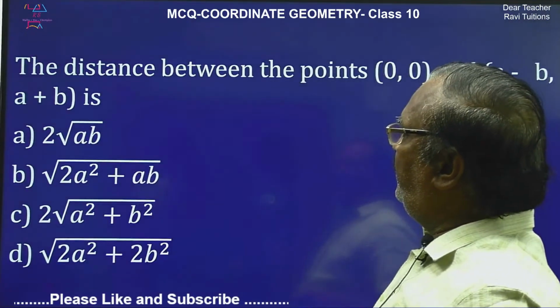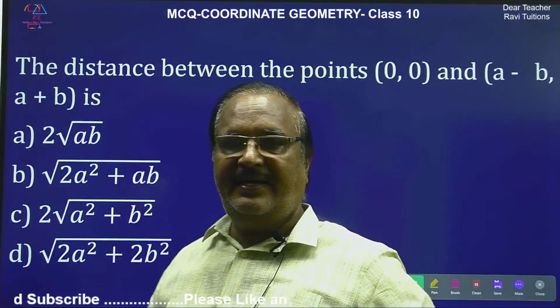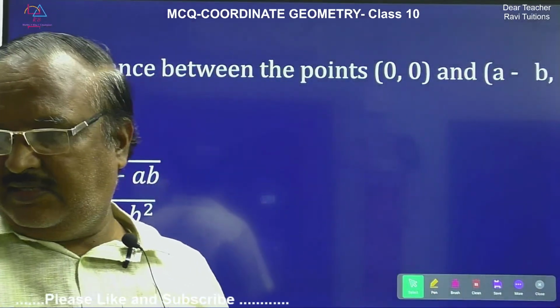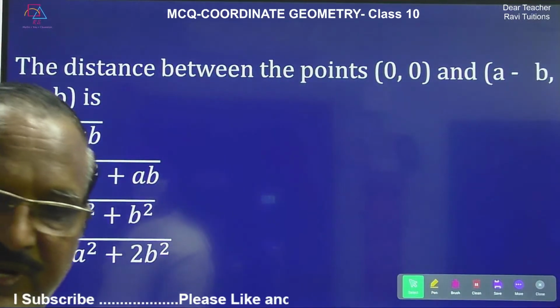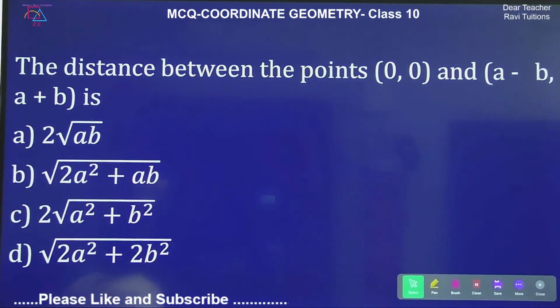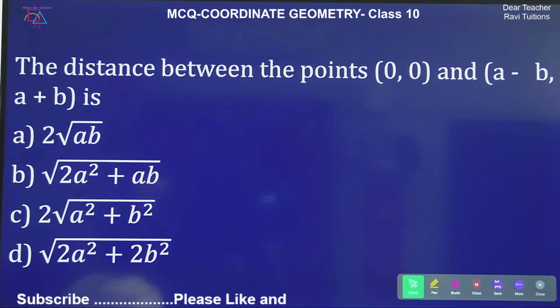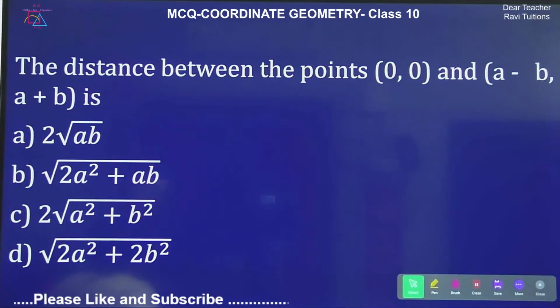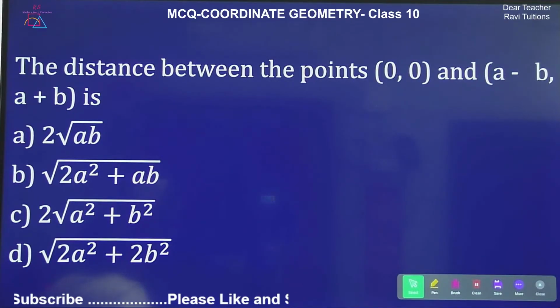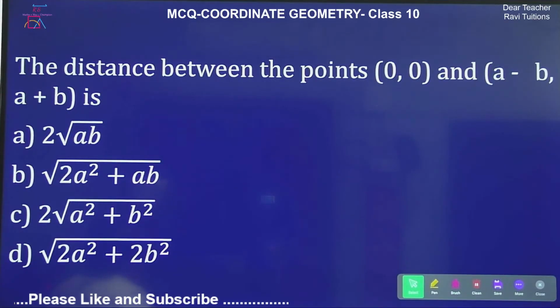Okay. Now I want you to do this and get me the answer. I will be looking at your answers. Muhammad Sahil, you are giving answer. I am waiting for you only.